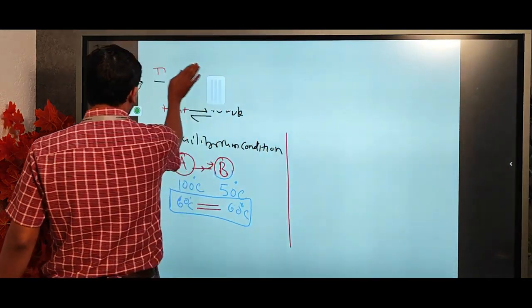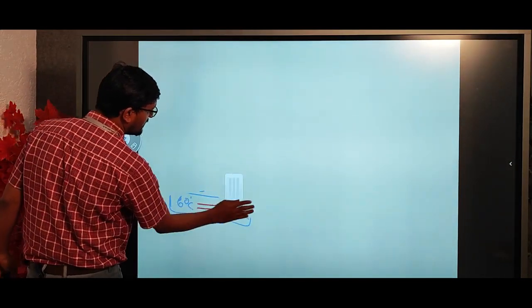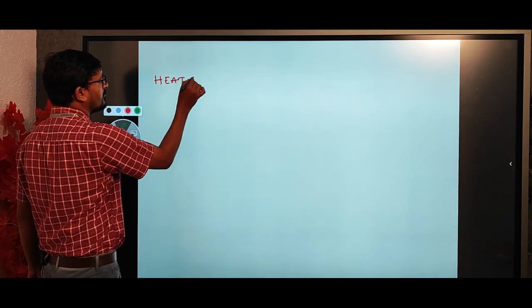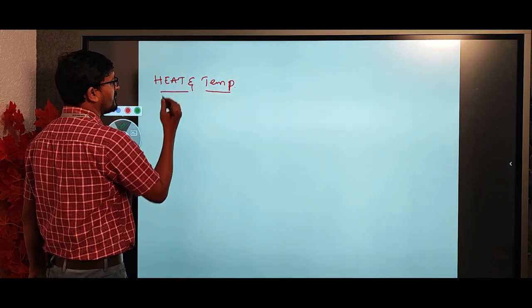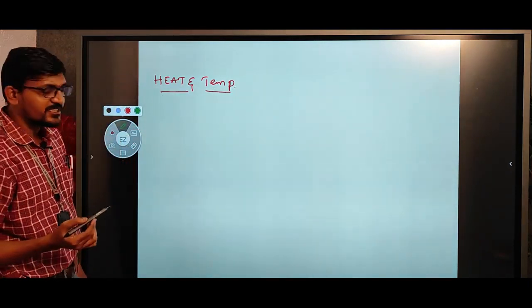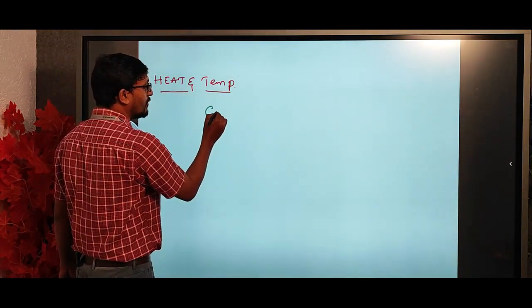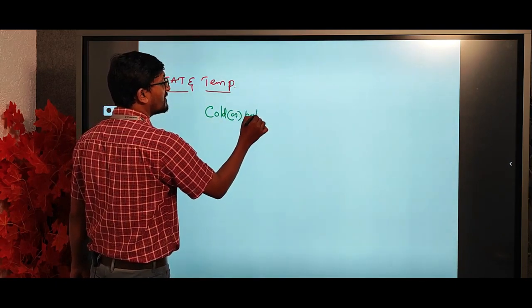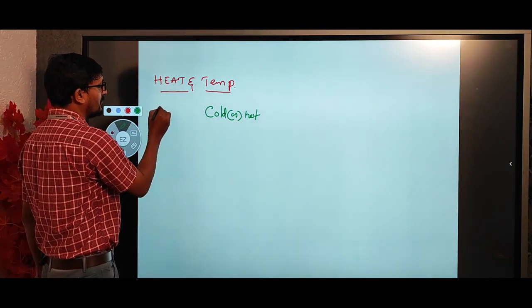So heat is nothing but a form of energy. Transmission is transmission of energy from one region to another region. How does this heat differ from temperature? Already we discussed heat is a form of energy, whereas temperature is a measure of the degree of coldness or hotness of a body.